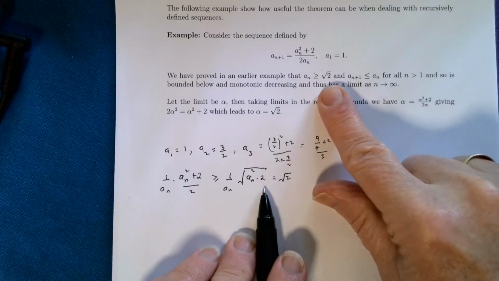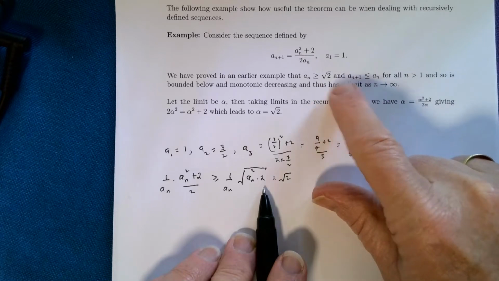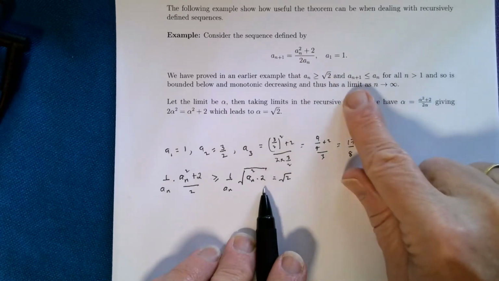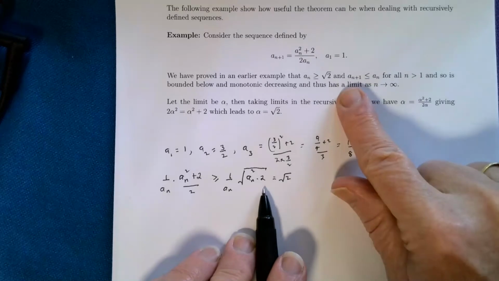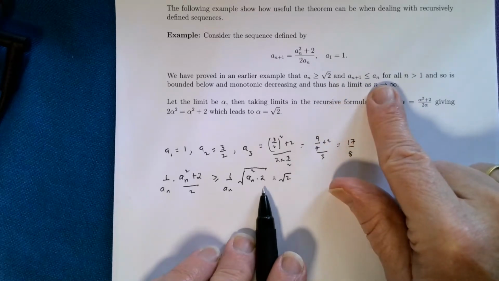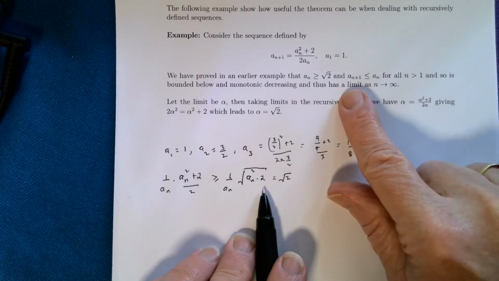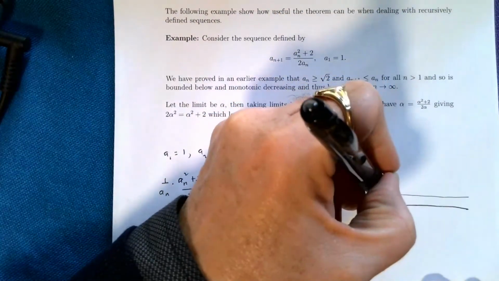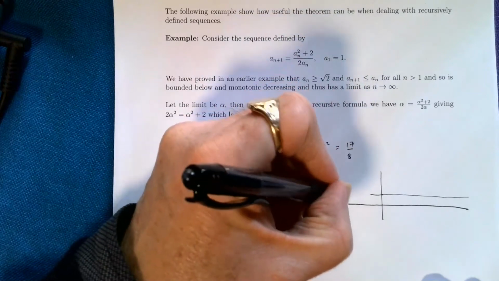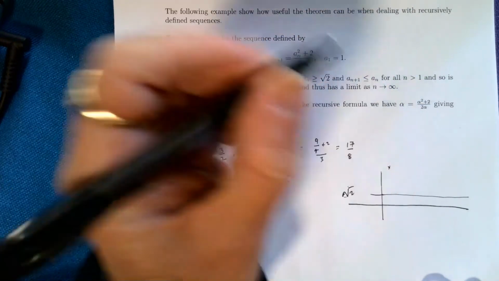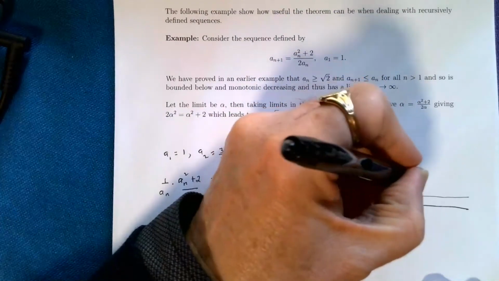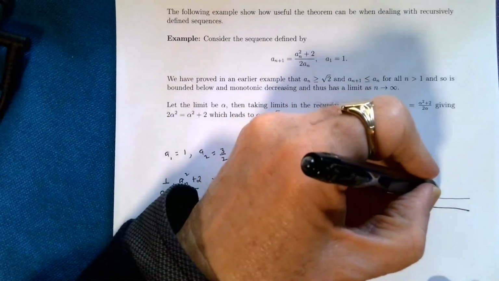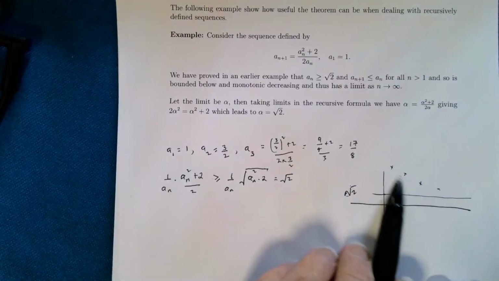So that means it's bounded below. We also showed that a_(n+1) is less than a_n. That means all the terms are bigger than root 2, so all the terms are up here somewhere, and we're going to show that it's getting smaller.